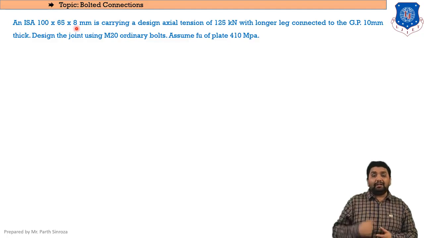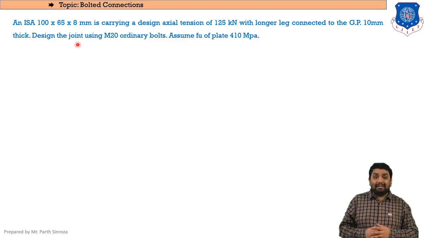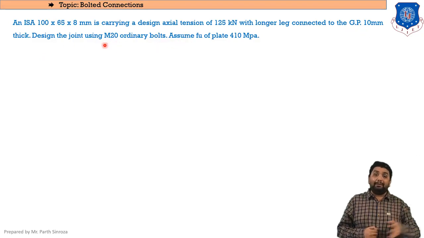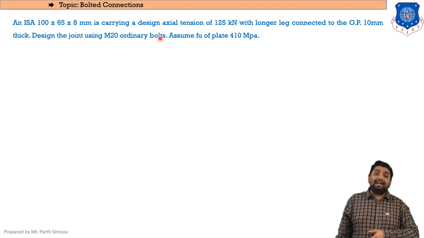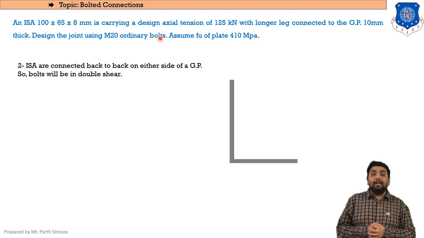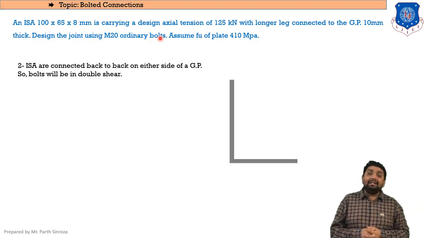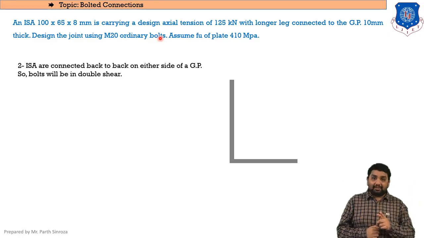Clear? It is connected to a 10 mm thick GP, and we need to design this joint using M20 ordinary bolts. Again, the diameter of the bolts is given as 20 mm, so the hole diameter will be 22 mm. Clear? Now moving on to the figure, as you can see here, we are dealing with only one angle section.